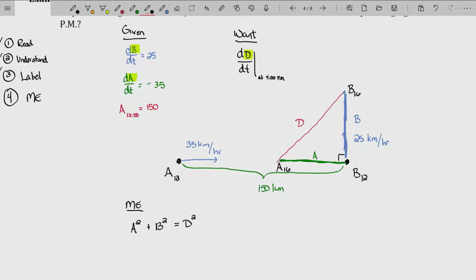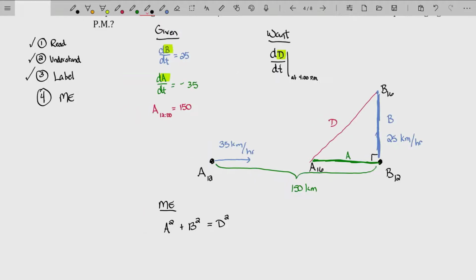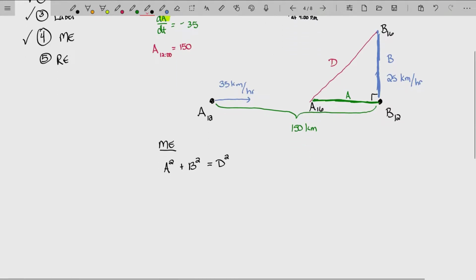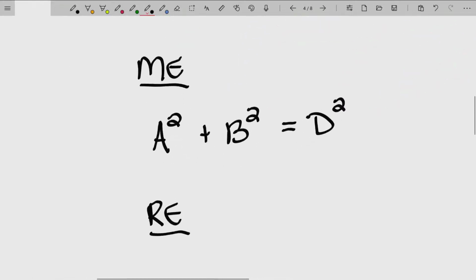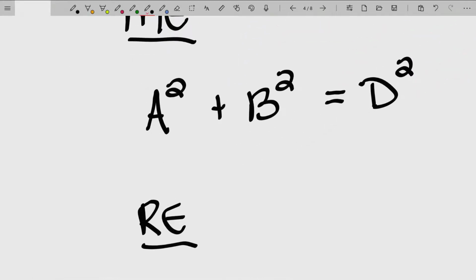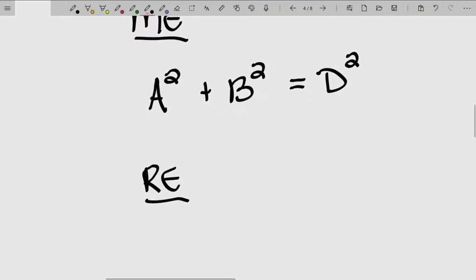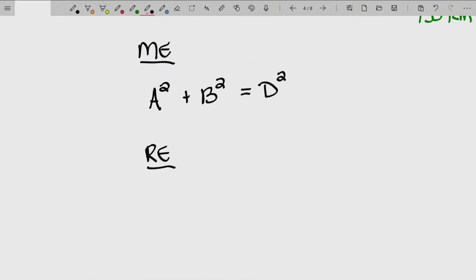Now we're going to go ahead and take derivatives. So I'll go ahead and check that off. Now it's time for the rate equation. Nice thing about implicit differentiation is that you don't need to call A like 150 minus 25, whatever. You don't have to do that. You can just leave it as A. You can leave B as B and D as D. Totally fine. Just take the derivative with respect to time.